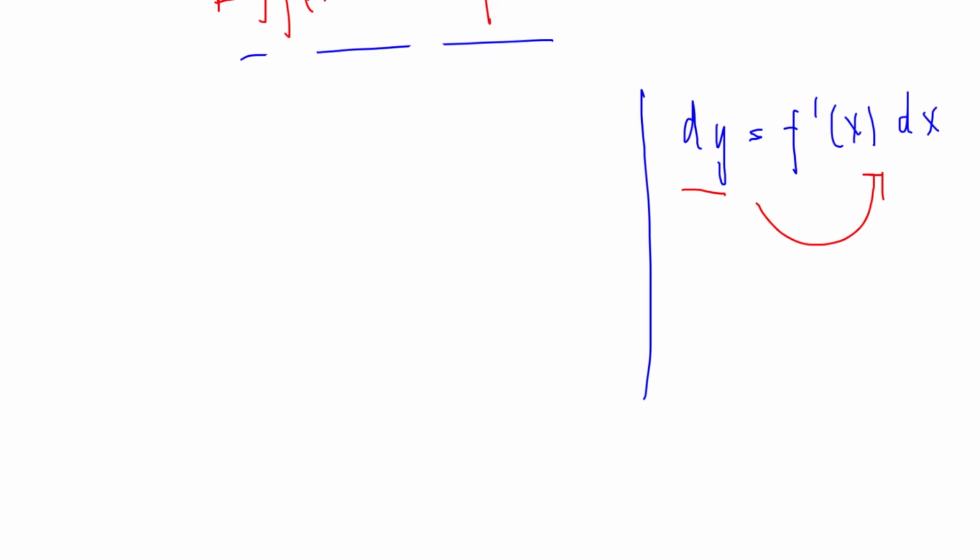Let's say we have this example, which is y is equal to 2x all over 1 plus x squared. As you can see, it's a rational function, and to find its derivative dy all over dx, we absolutely need to use the quotient rule.